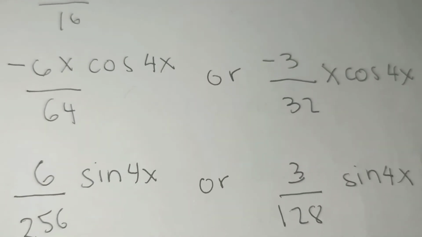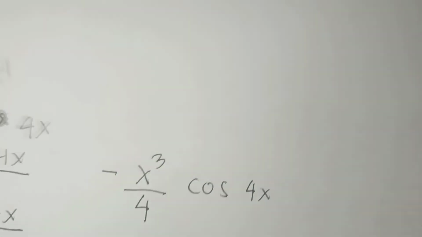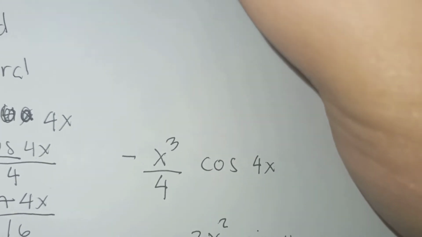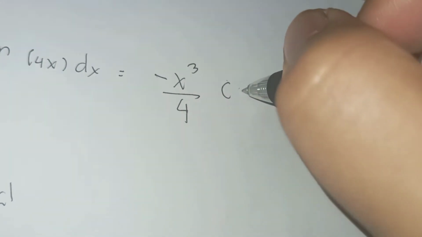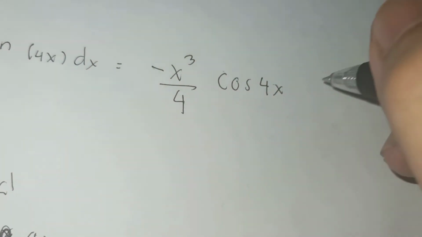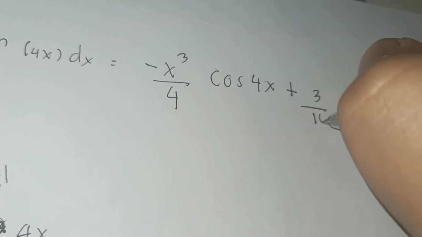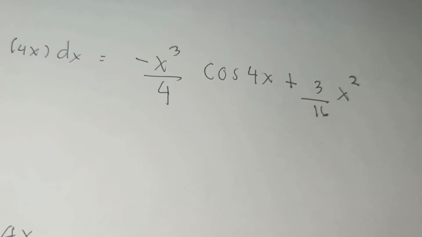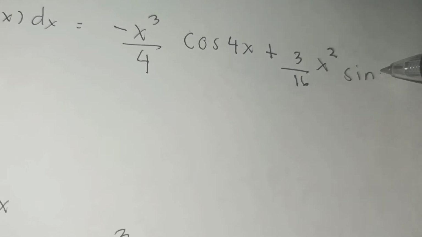The last thing we need to do is just copy it, making negative x cubed over 4 cosine 4x plus 3 over 16 x squared sine 4x.